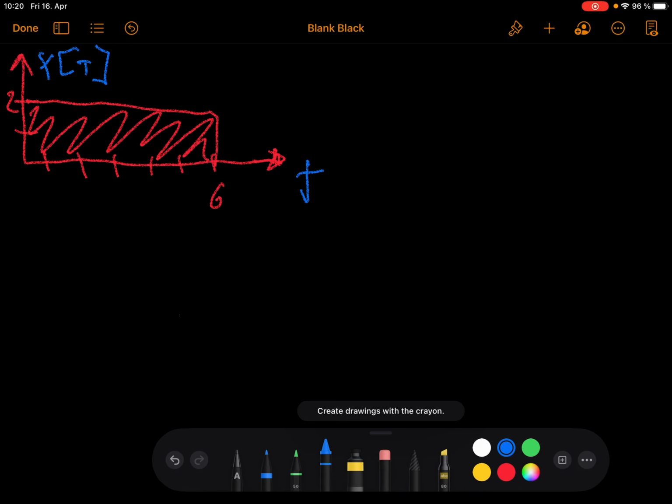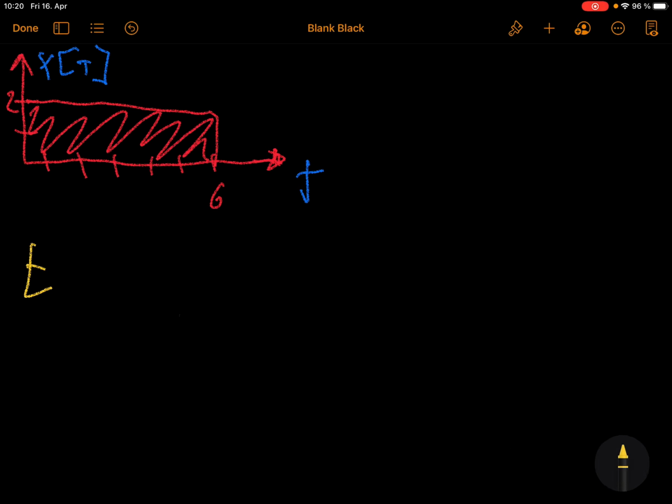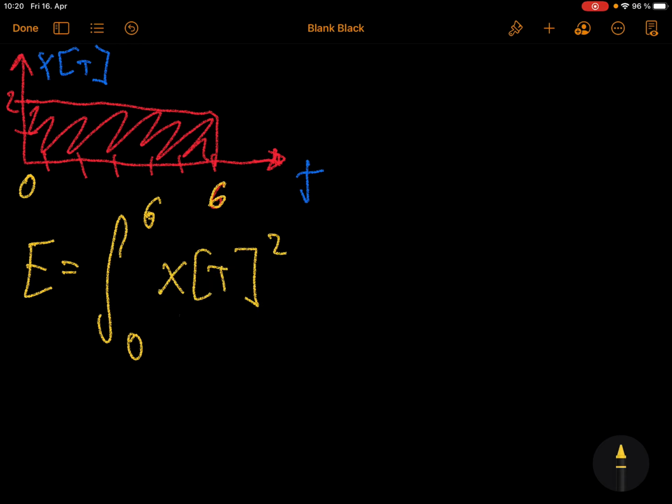Therefore, for finding the energy, we want to take the integral between minus T and T. Our minus T and T are going to be between 0 and 6, of x of t squared dt.